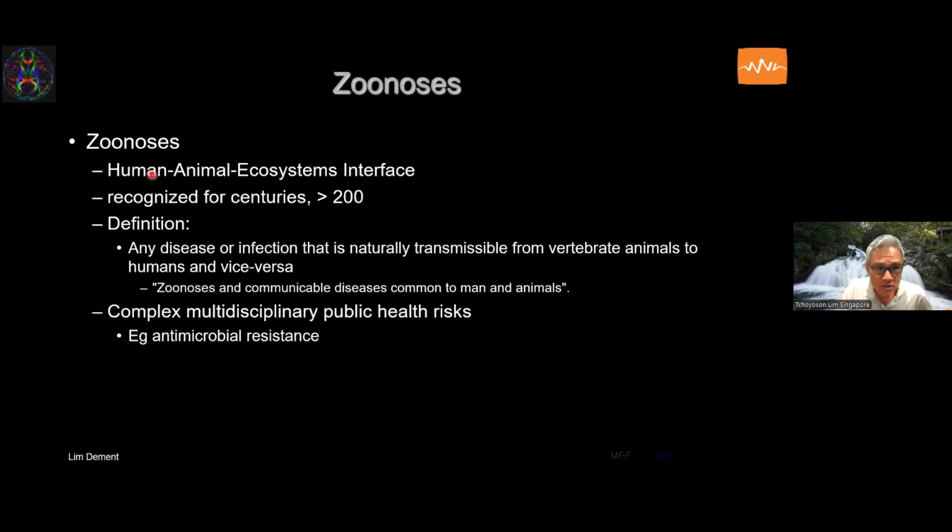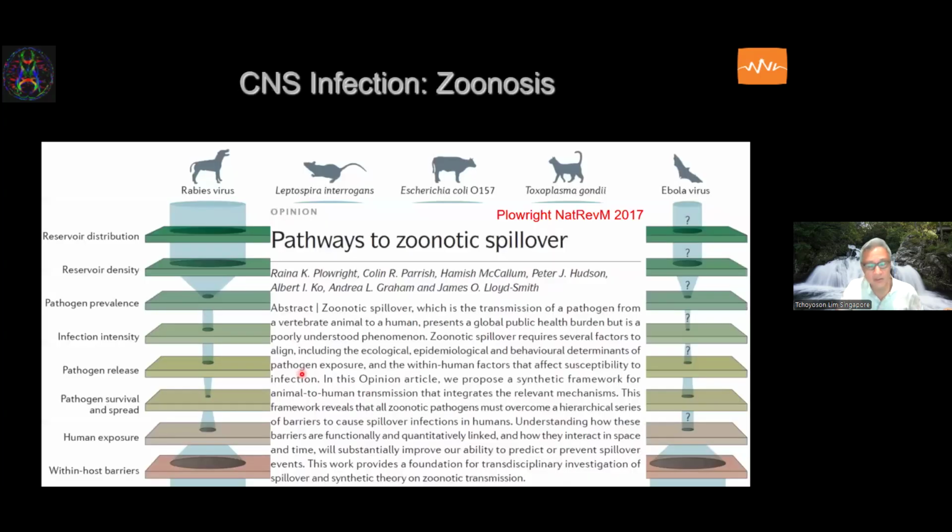These zoonoses live in animals and jump the species and have been crossing the species barrier for a very long period of time. There is a complex multidisciplinary public health threat, and the WHO, of course, declared pandemics in many of these, and most recently, Mpox virus.